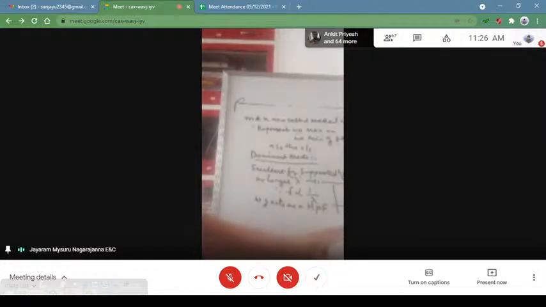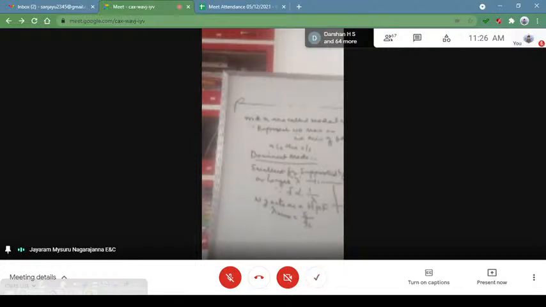So, since this is the least frequency supported by the waveguide, the maximum wavelength supported will be nothing but C by Fc. Fc is the cutoff frequency, and C is the velocity of light.